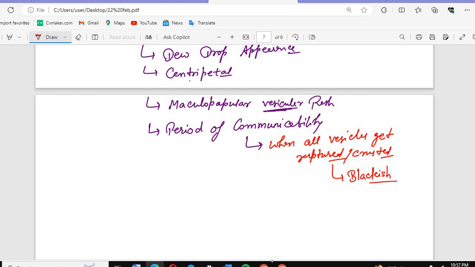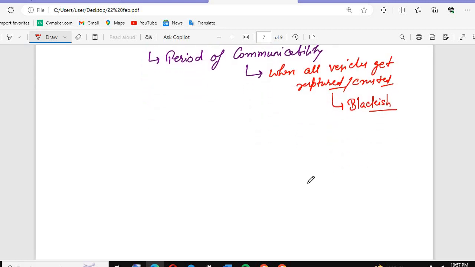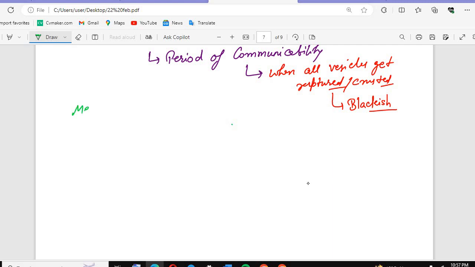This is clear for everyone? Okay, now let's go to the important questions of the 2023 paper. This time, incubation period was asked about measles and chicken pox. So let's revise all the incubation periods. Measles has 8 to 12 days.